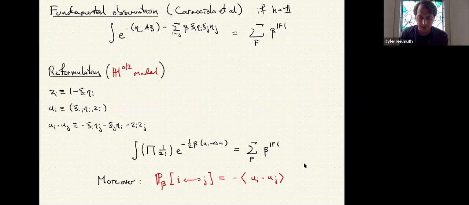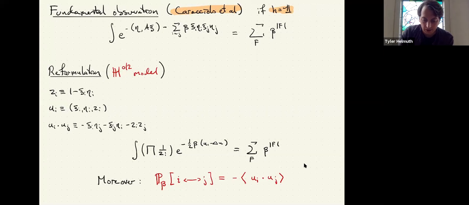So somehow the fundamental observation, if you want to study unrooted spanning forests or the arboreal gas, goes back to Caracciolo and co-authors, who were really the big inspiration for us when we got into this, which is the following. If you take H to be the diagonal matrix of all ones, then you can get the measure on unrooted spanning forests by adding something into the fermionic integral.